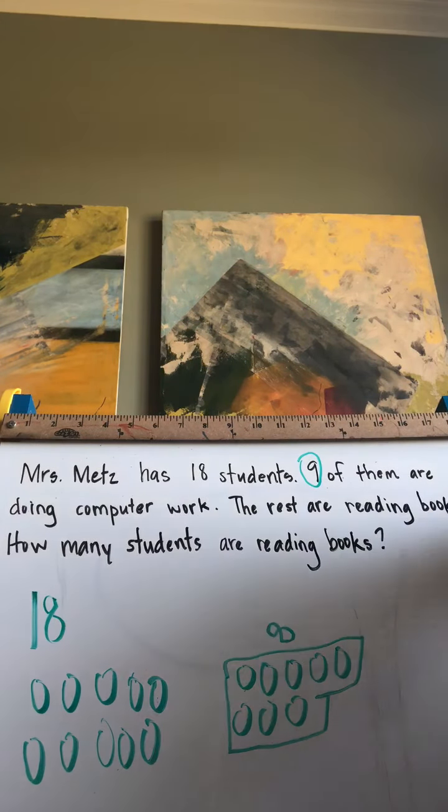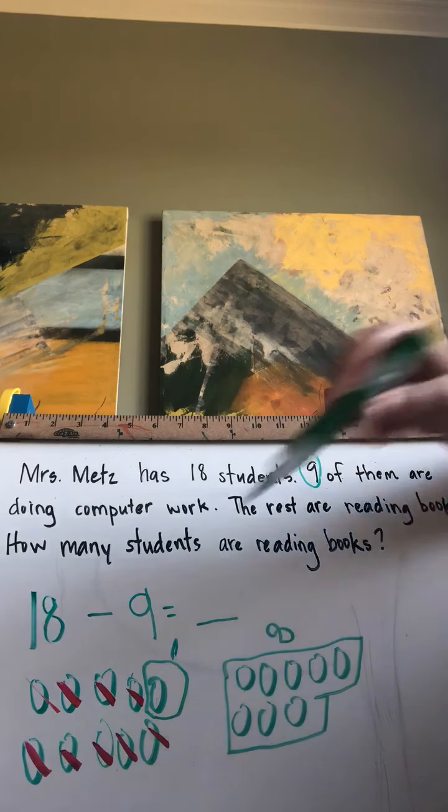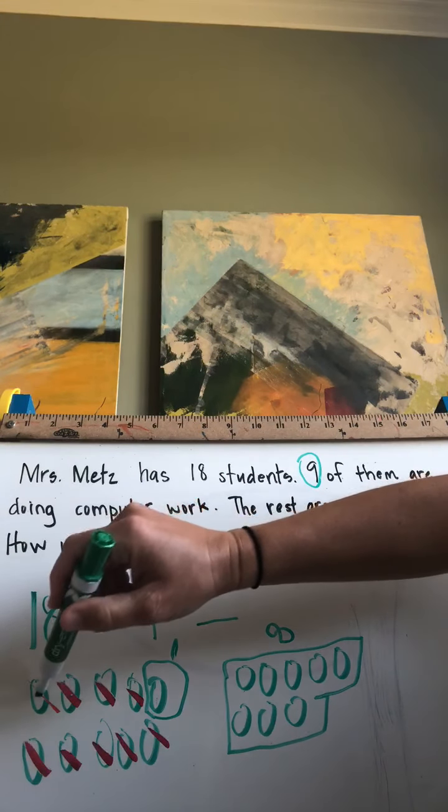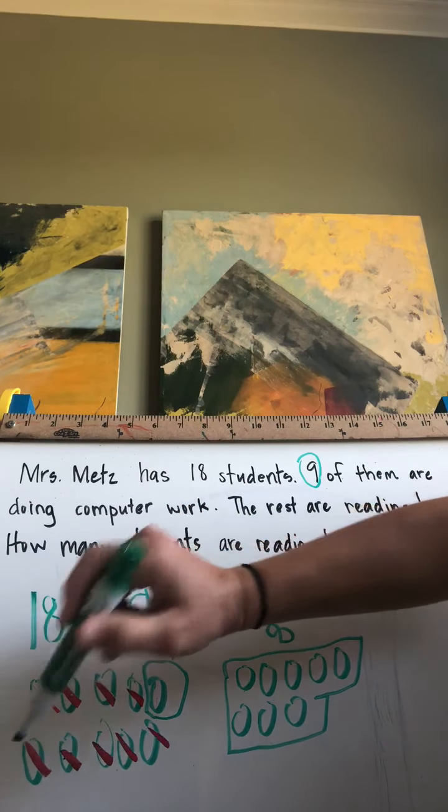So I can set this problem up where it says 18 minus 9 equals blank. So I can see that 8 plus 1, that was my 9 students that were doing computer work. 1, 2, 3, 4, 5, 6, 7, 8, 9. I have 9 students that are reading a book.